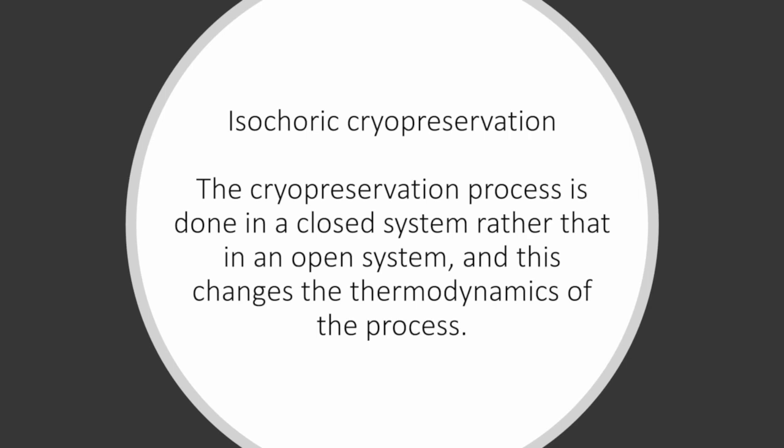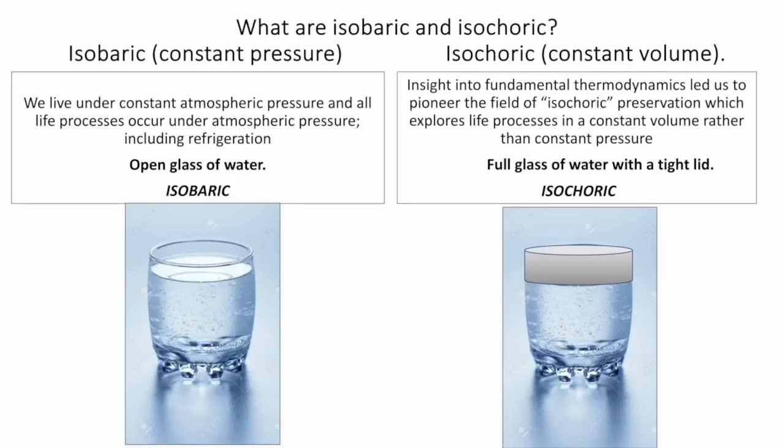So we've changed the thermodynamics from constant pressure to constant volume. And this affects pretty much everything that happens, but just to give you a sense, isobaric, constant pressure, occurs in an open glass of water. Isochoric occurs in a glass of water that is tightly sealed.